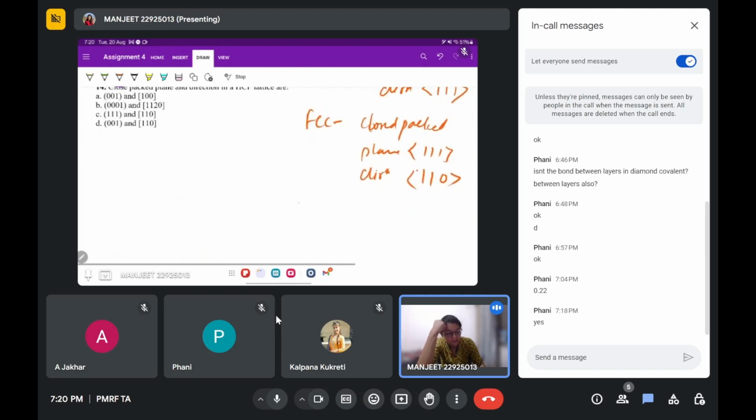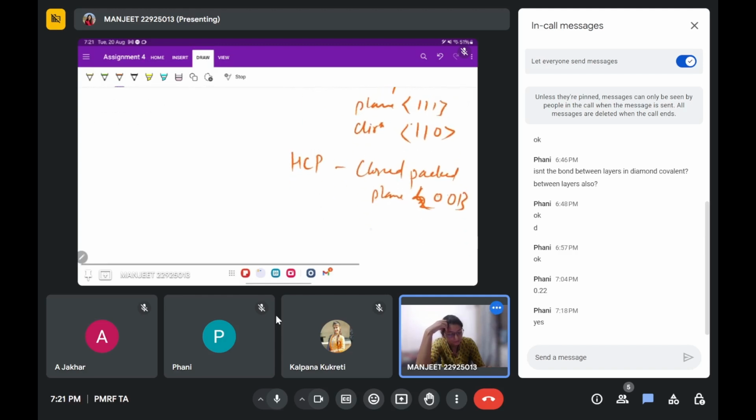For the HCP, the close packed plane will be the family of planes 0 0 1, and the direction will be 0 1 0, or we can write it as 1 0 minus 1 0.